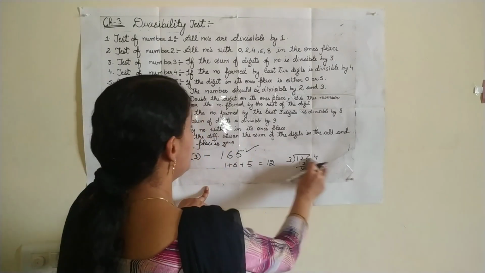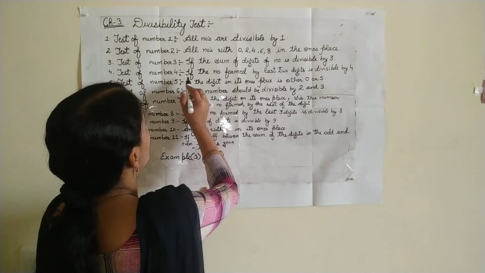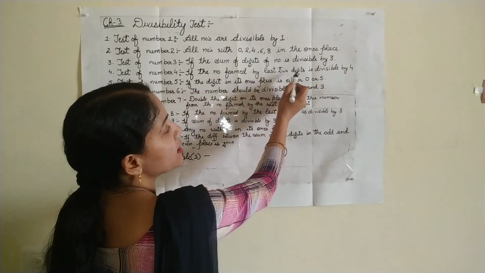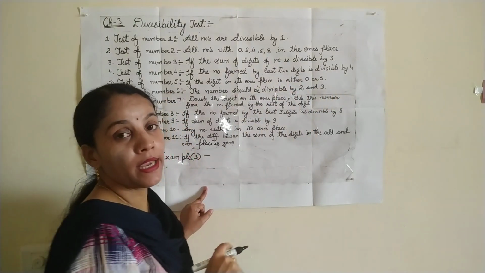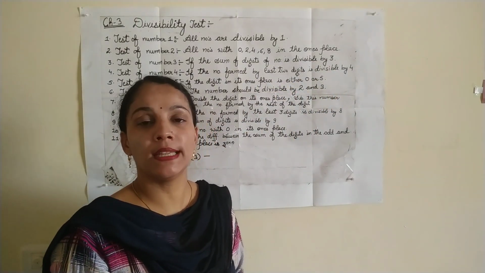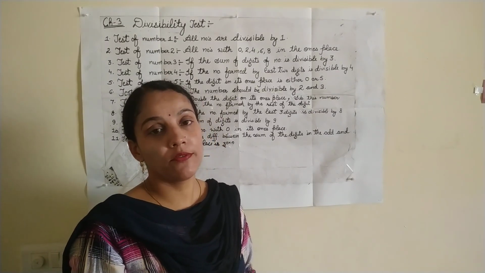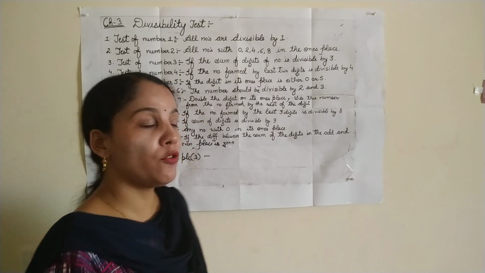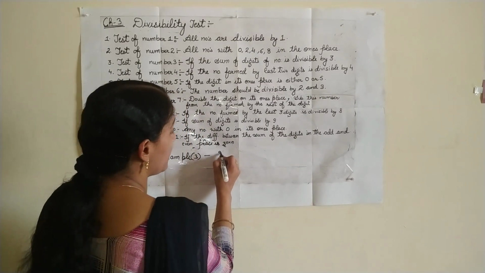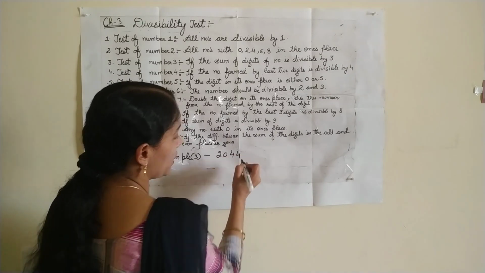Then next is the divisibility rule for number 4. What is the rule? If the number formed by the last 2 digits is divisible by 4, then the number is also divisible by 4. Just see here, I am taking the example of 2044.